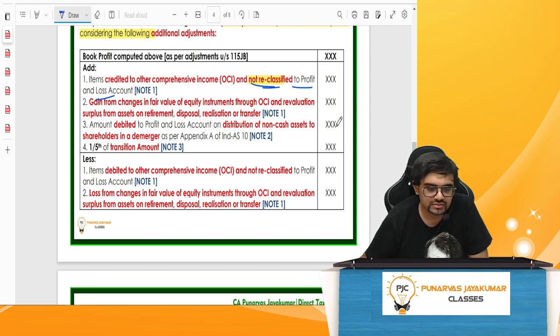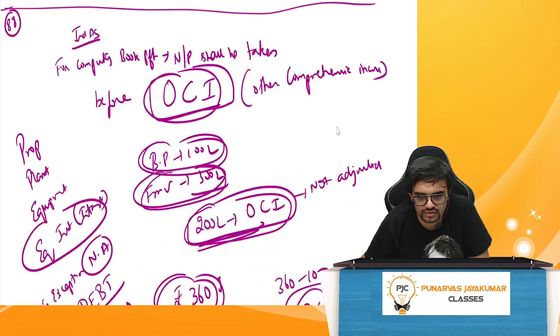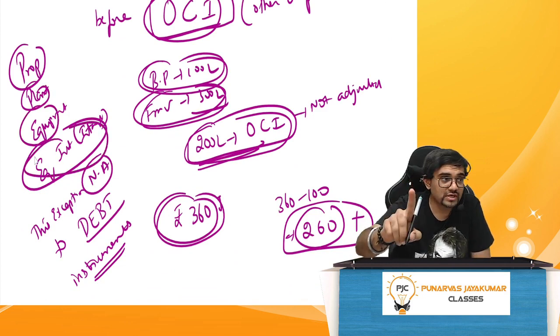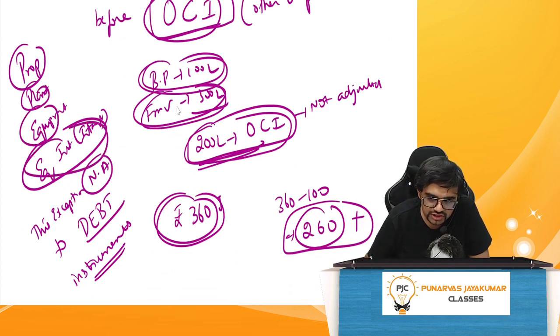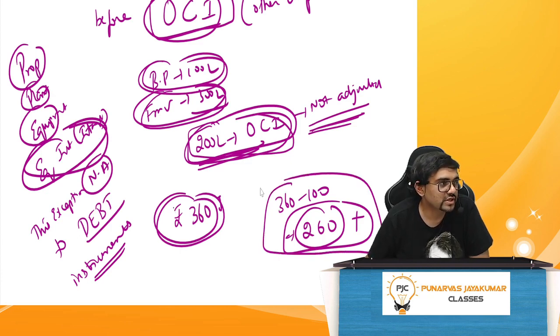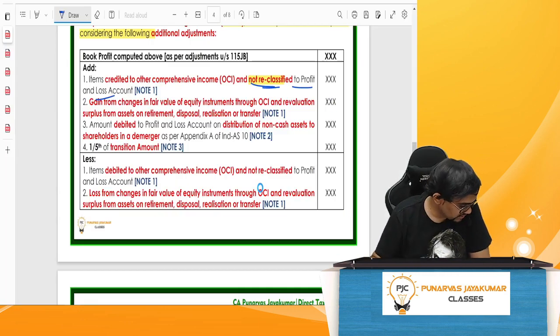However, just note that for these three items, asset, property, plant, equipment, intangibles, equity only, not debt, if there is any variation, this 200 will not be adjusted now. It will be adjusted later. 360 minus 100, 260 will be adjusted later. Did you get it? Cool. So that's what they are trying to tell.